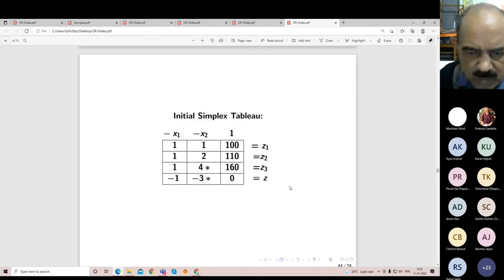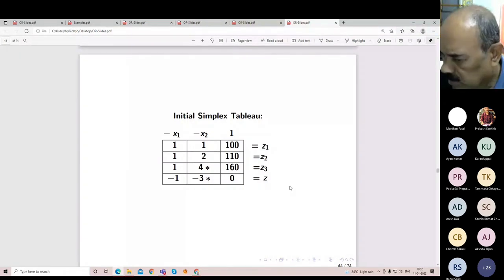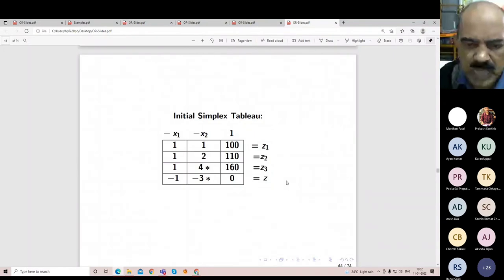You have drawn? You have drawn the next table? Hello? Yes, sir. Now, in case you have drawn, re-label in this manner. In place of minus x2, put minus z3.